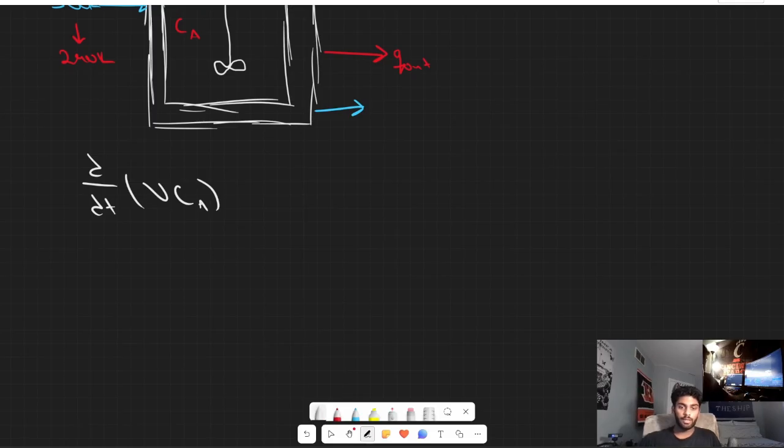And essentially, our mass balance, we're going to be looking at the difference in our flow rates.